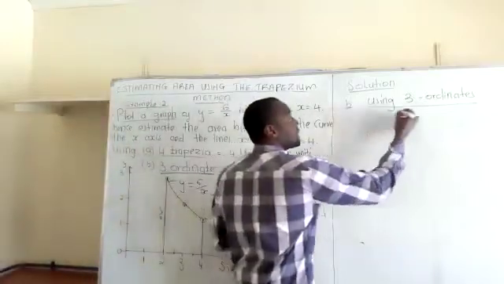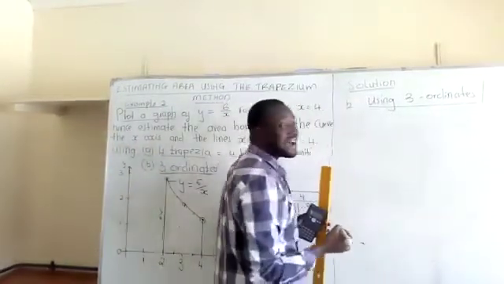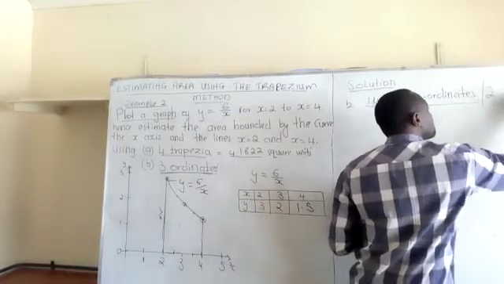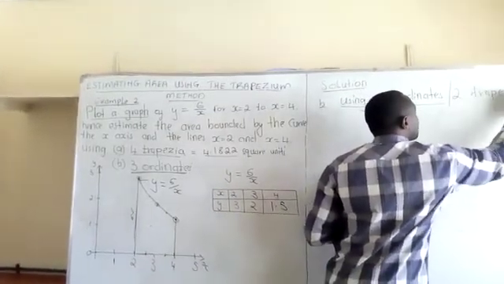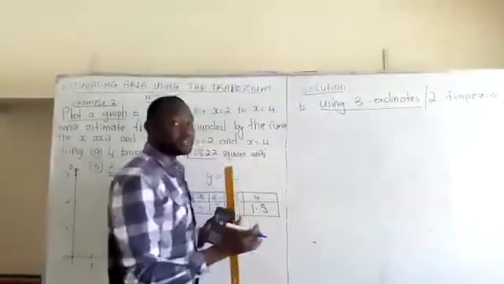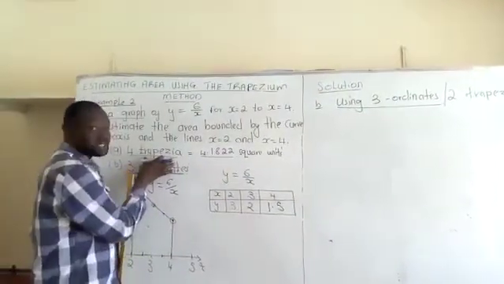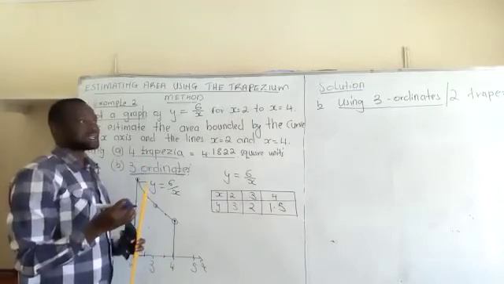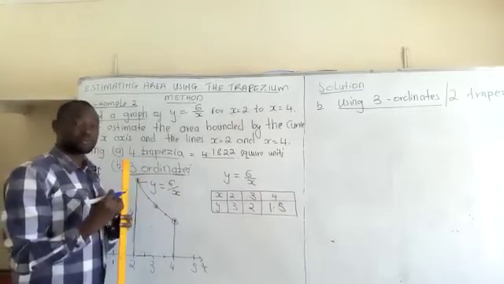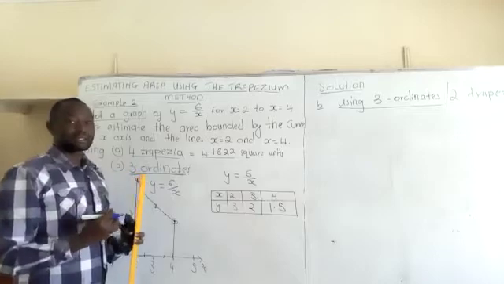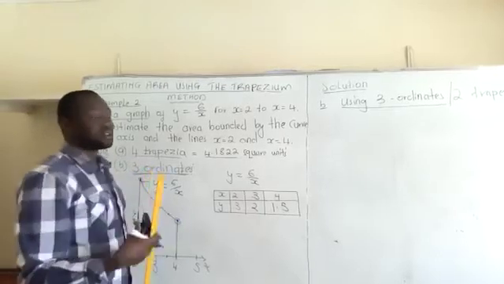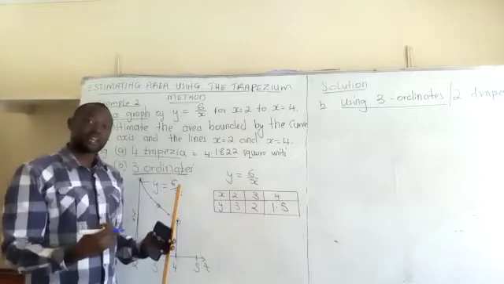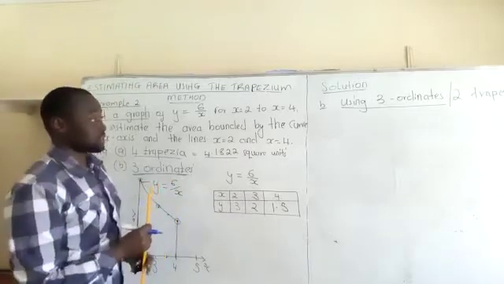So using 3 ordinates could also be asked. It's simply asking us to use 2 trapezia. We've seen when we have used 4 trapezia, we have used 5 ordinates. Always note that the number of trapeziums is 1 less than the number of ordinates, or the other way around. The number of ordinates is 1 more than the number of trapezia.